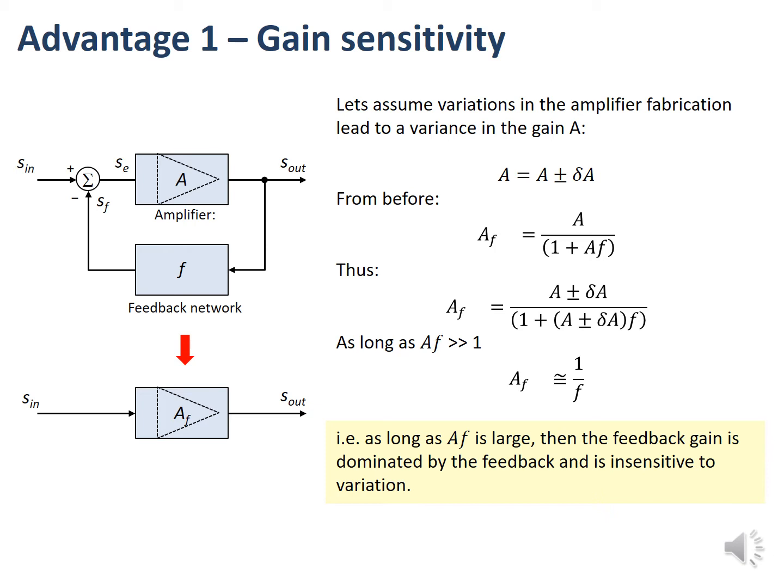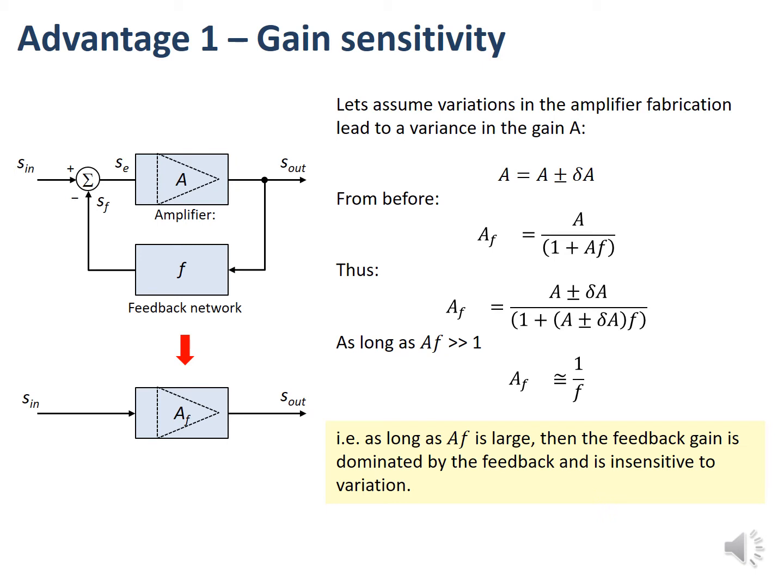But if you look at this in more detail, as shown in this slide, on the top left we've got the diagram we had before, showing the negative feedback network, where F is the feedback factor. Let's imagine what happens if the amplifier is slightly more powerful or slightly less powerful.